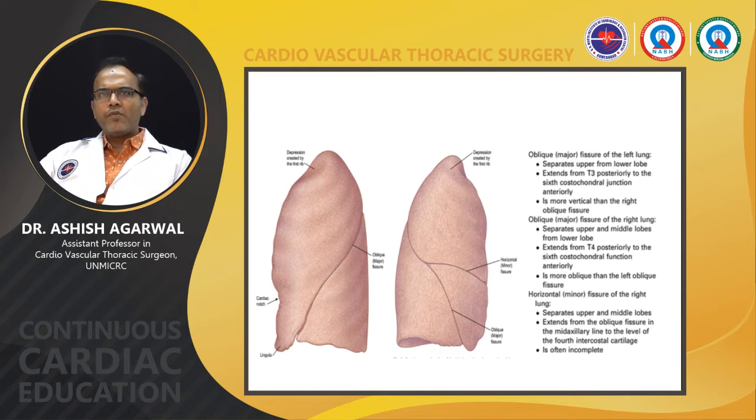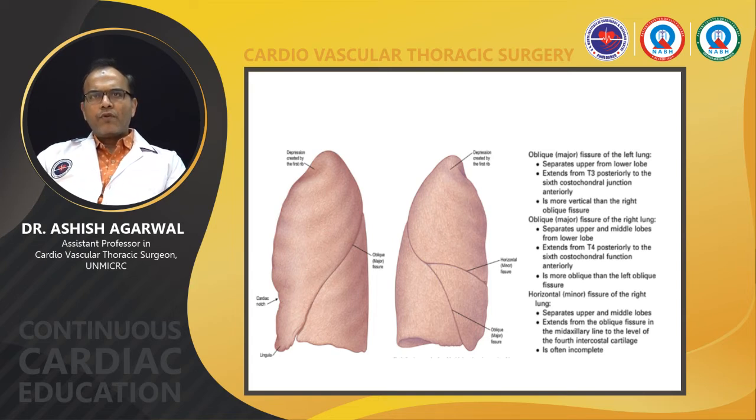The oblique fissure is the major fissure of the left lung. It separates the upper from the lower lobe, extends from T3 posteriorly to the 6th costochondral junction anteriorly, and is more vertical compared to the right oblique fissure.